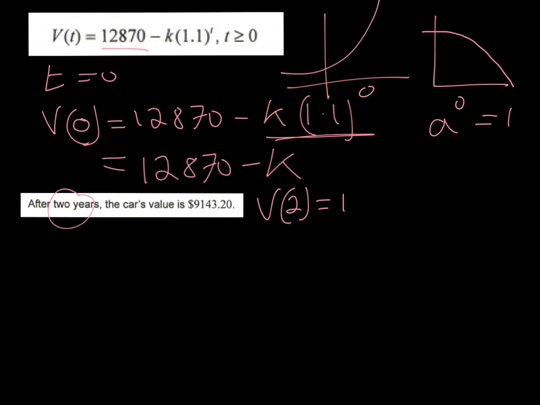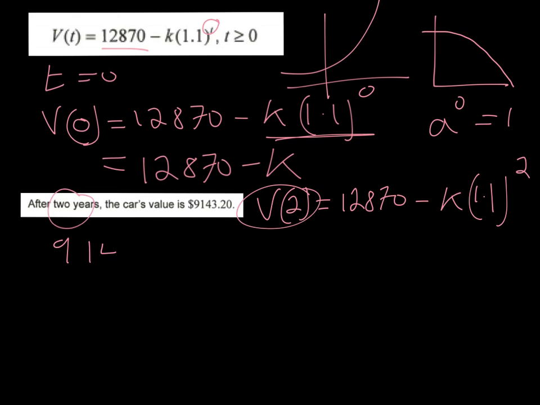So we know that's going to equal 12,870 minus k times 1.1. Because t is 2 after 2 years, the exponent here is going to be 2. We also know the value after 2 years is 9,143.2.